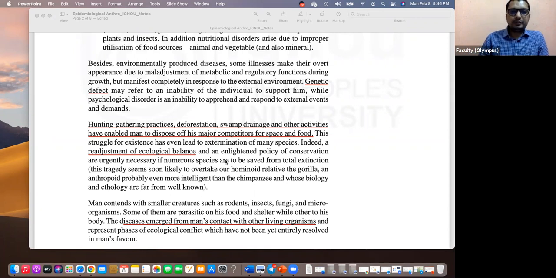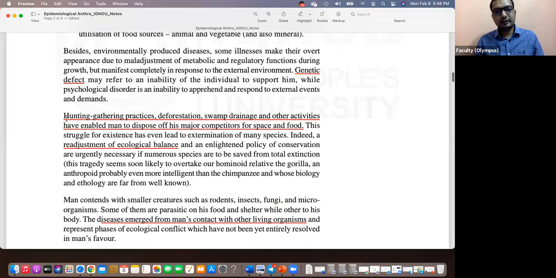But certain aspects of what we have done as humans probably have resulted in some of these problems and in the spread of these problems. Like for example, hunting gathering practices, and also agriculture, like deforestation. Where did we find the space?